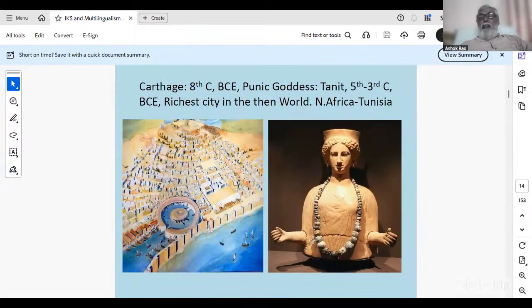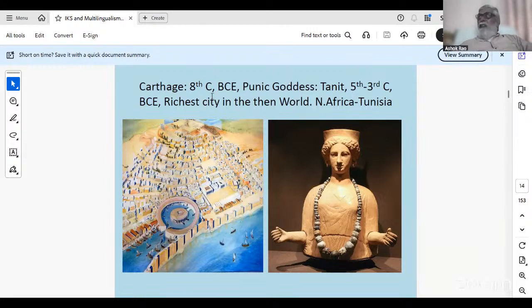You see here, very interesting, as recent as 800 BCE, just before Alexander's time in India. In North Africa, you had a very interesting kingdom called Carthage.